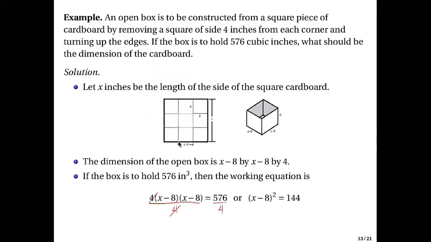You remove 4 inches here, you remove 4 inches here. The total length of the square is x. So this side here is x. This is 4 inches, this is 4 inches. Those are the numbers that you will remove, so you will only get x minus 8. Okay, thank you. You're welcome.